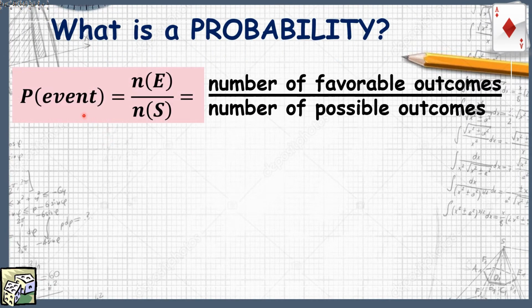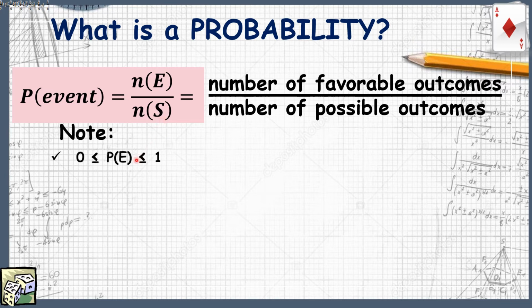So, in short, ang formula natin sa probability of an event is equal to number of event over number of sample space. Or yung number of favorable outcomes, which is referring to an event, and number of possible outcomes, or referring to our sample space.